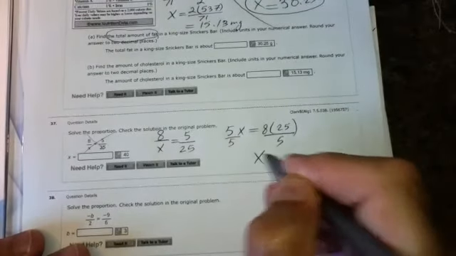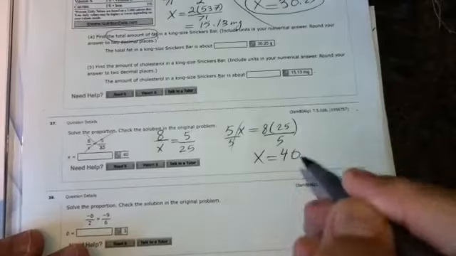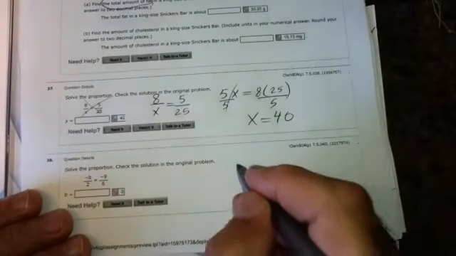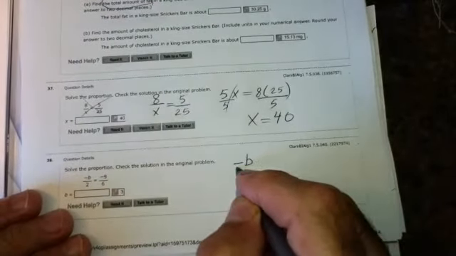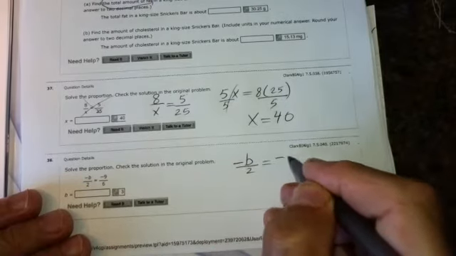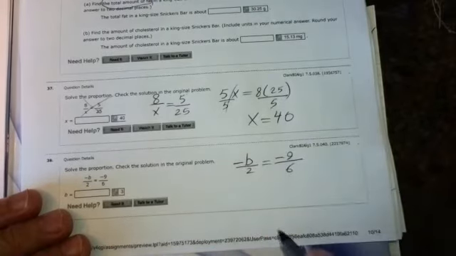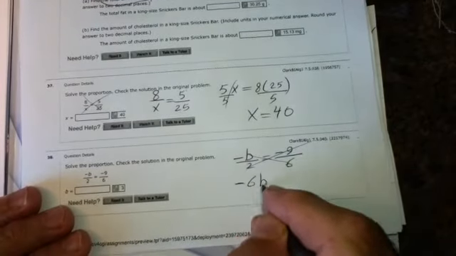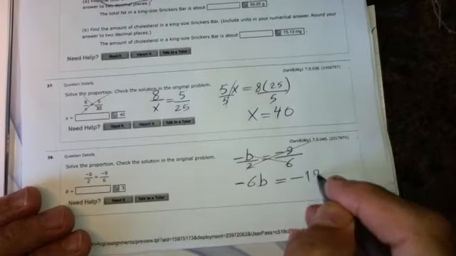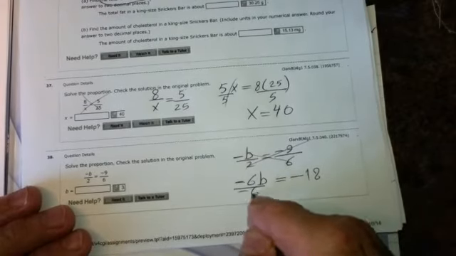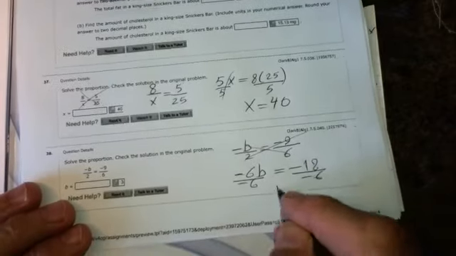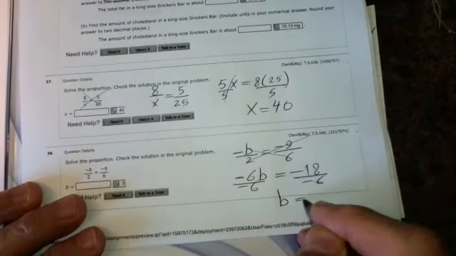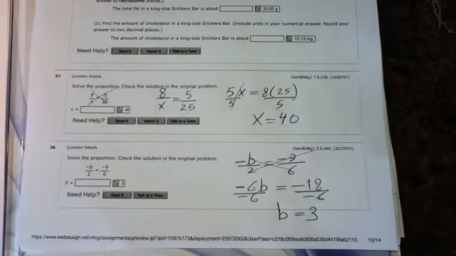So x is 40. So we use the cross multiplications or cross product a lot here.